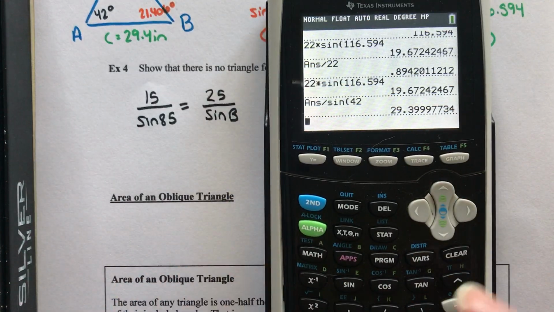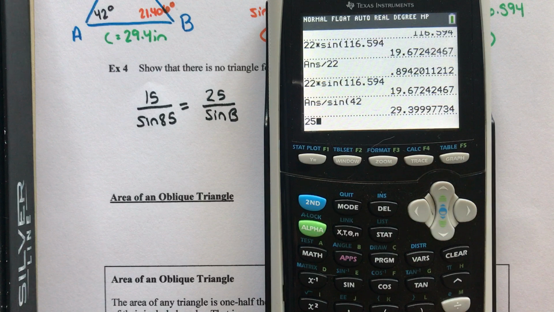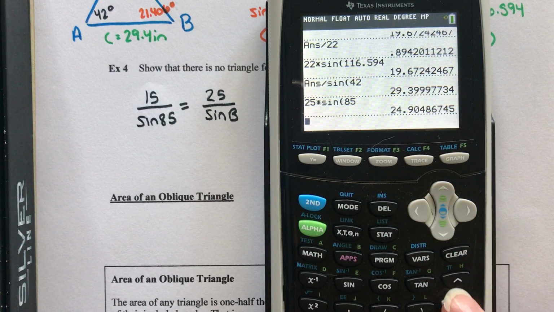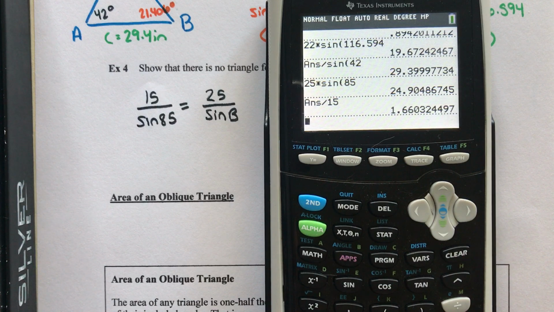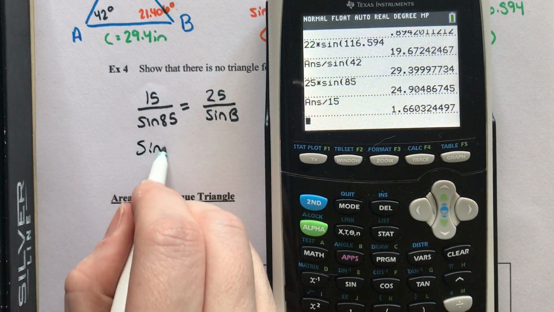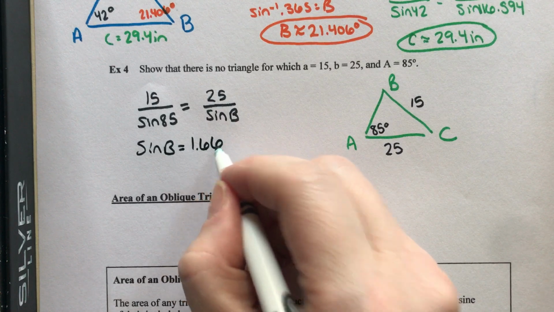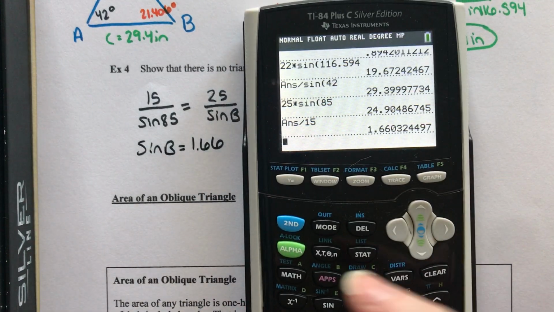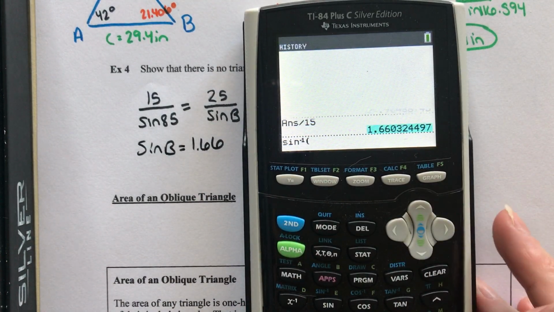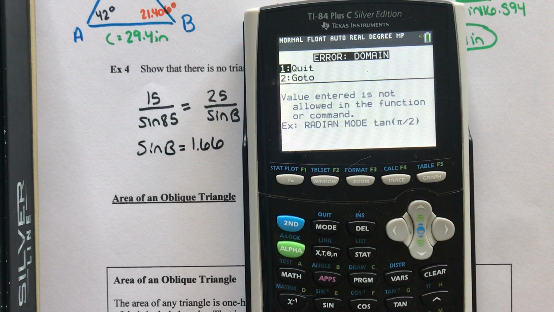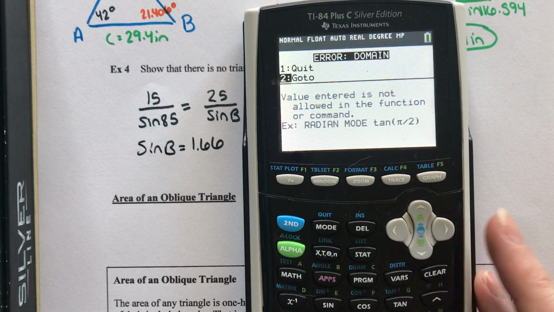So I'm going to go to my calculator. Let's cross multiply. 25 times the sine of 85 divided by 15. I get, now this is sine of B, 1.66. So if I do inverse sine with that decimal, I get an error.